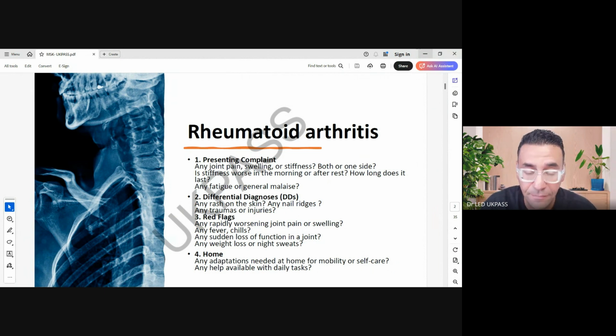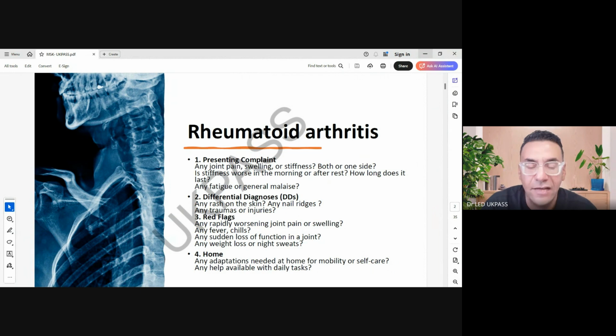Now for rheumatoid arthritis, what should your questions be? Presenting complaint: any joint pain, any swelling, any stiffness. A general rule in MSK, whenever you're dealing with any MSK patient, always ask this triad. Is it on one side or both sides?